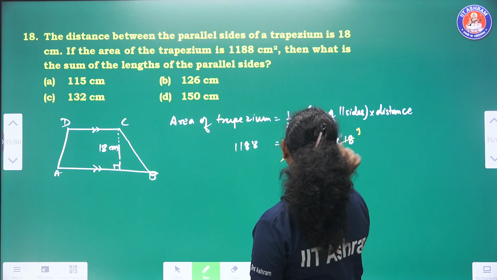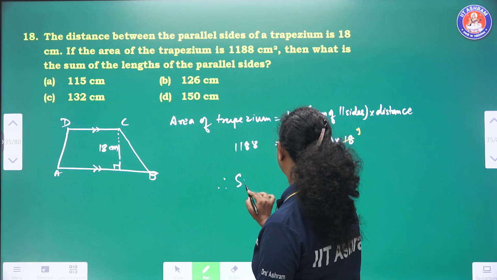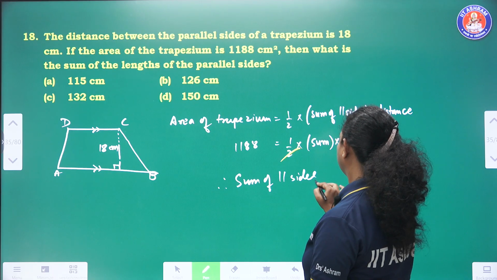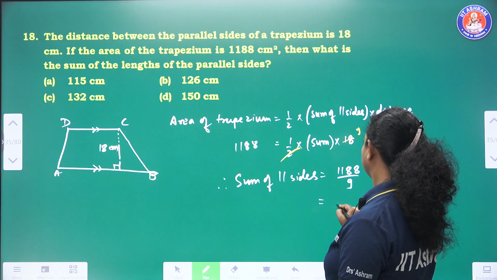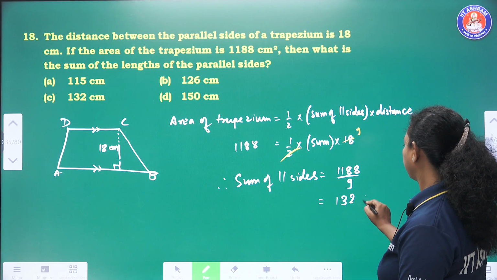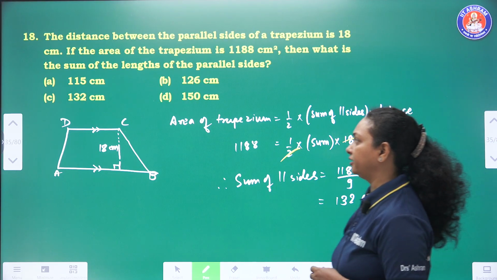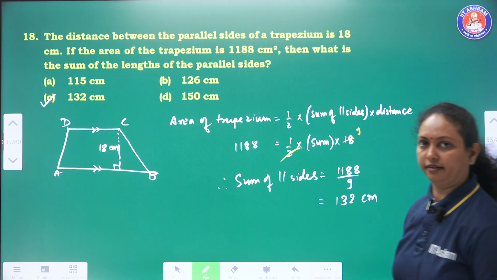So 2 nines are 18. Therefore, sum of parallel sides is equal to 132. So what is your answer? 132 centimeter. It is the sum of both the parallel sides.